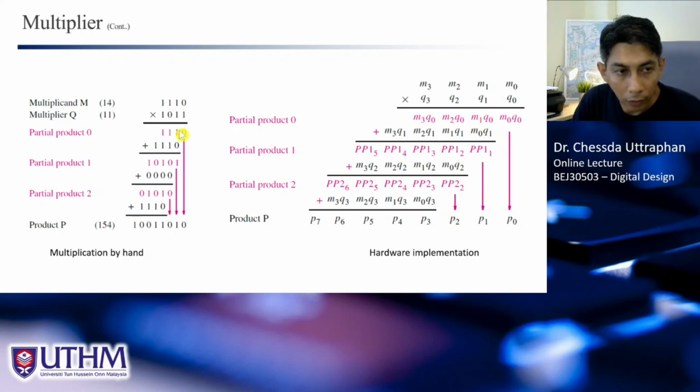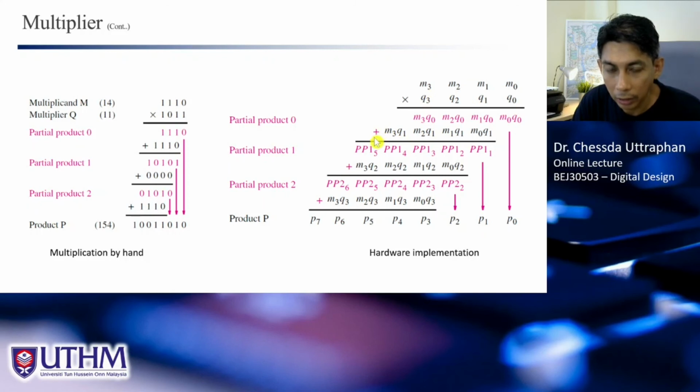And this one is m1 q0, this one is m2 q0, m3 q0, and we have this, which is m0 q1, m1 q1, m2 q1, m3 q1.